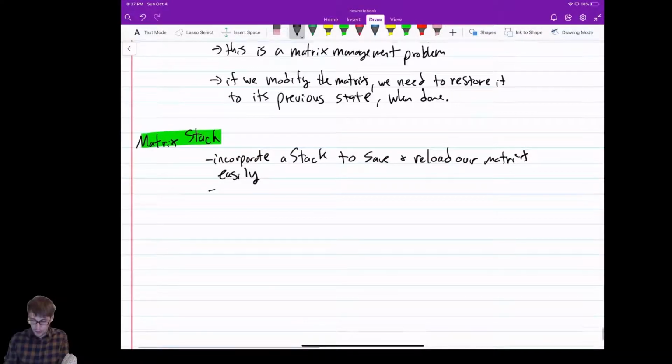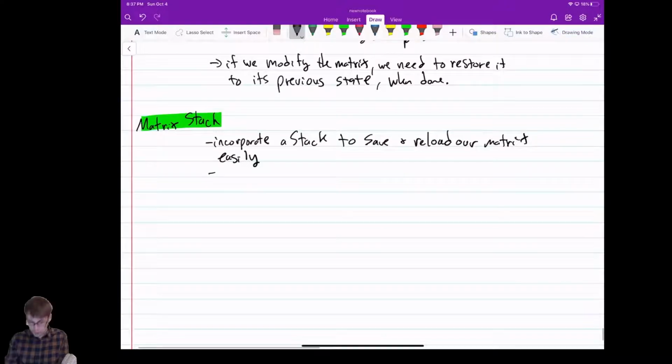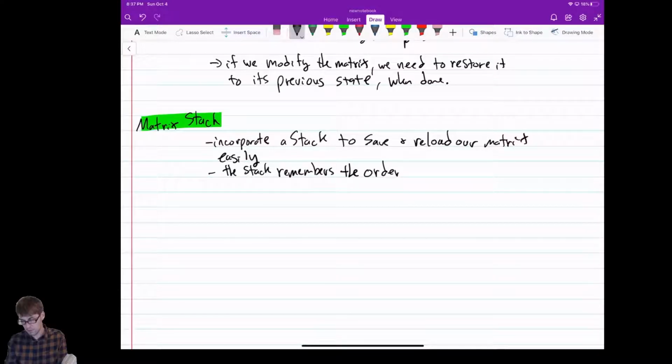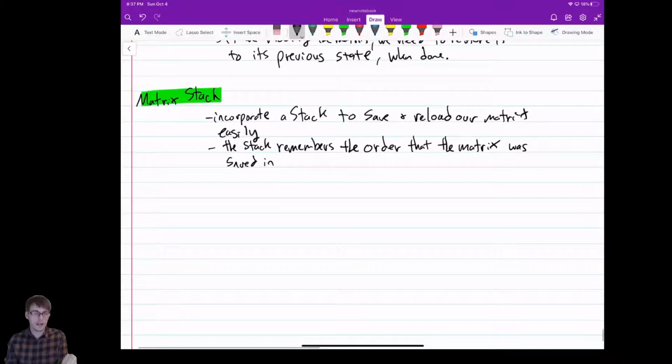But there's other benefits as well. First of all, the stack remembers the order that the matrix was saved in. And this is great, okay?